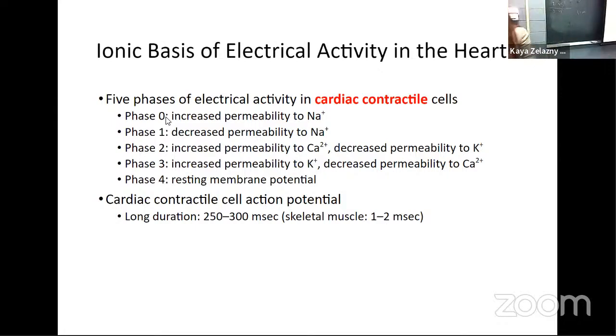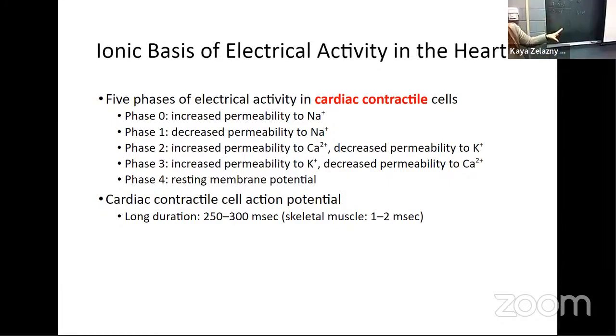First, we're going to increase the permeability to sodium. Next, we're going to turn off our sodium and increase the permeability to calcium instead. At this point, we start decreasing the permeability to potassium, so it's escaping the cell more slowly. Then we increase the permeability to potassium, letting it leak out, decrease the permeability to calcium, so it's not coming in so fast, and then we get back to rest.